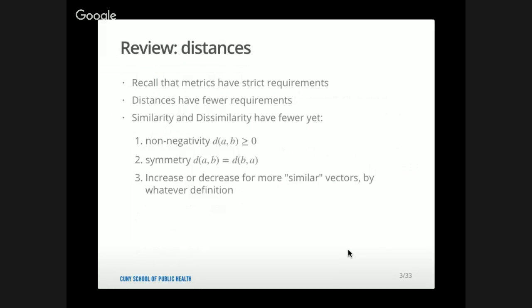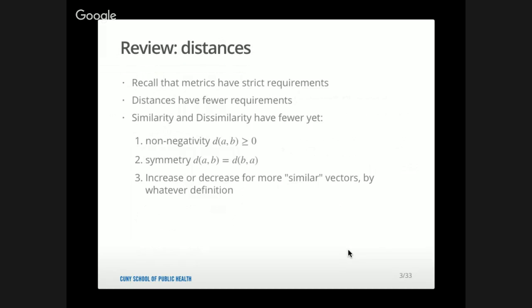Just a quick review of our last class on distances. Remember that for something to be a metric, there were strict requirements. There were 6 of them, and I have seen in several papers, even looking back at one that I was a co-author on, things being called metrics that were not actually metrics, which is okay generally for our purposes.